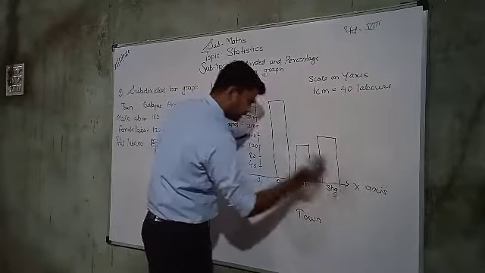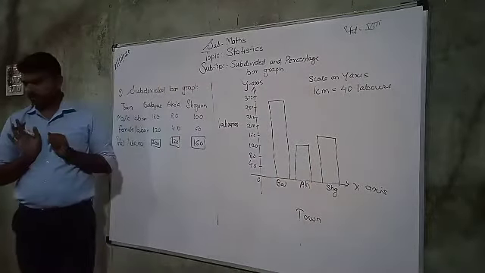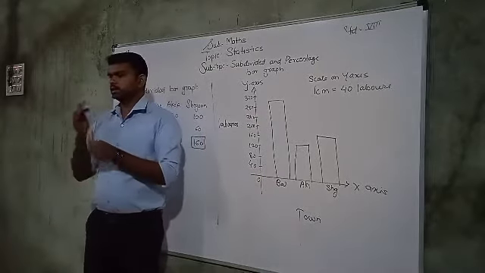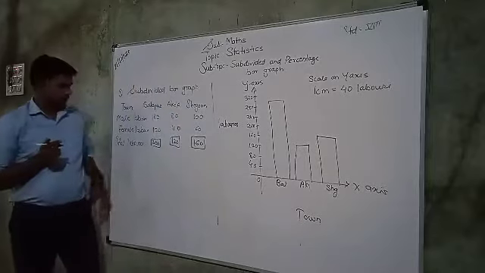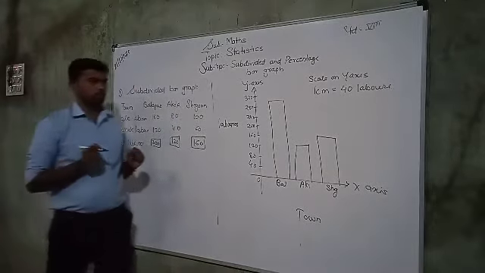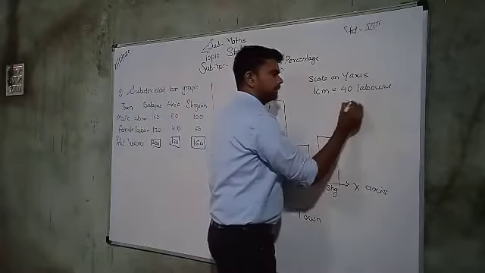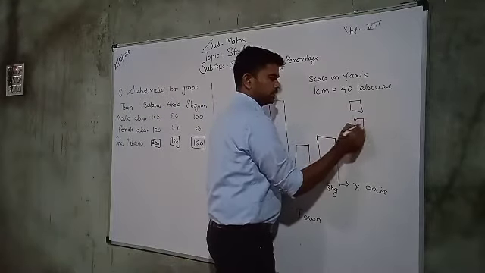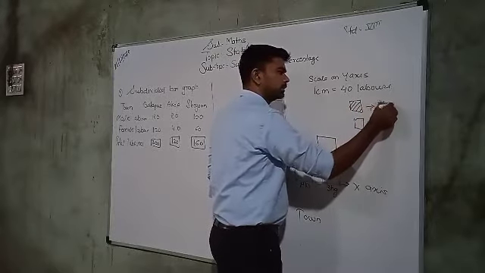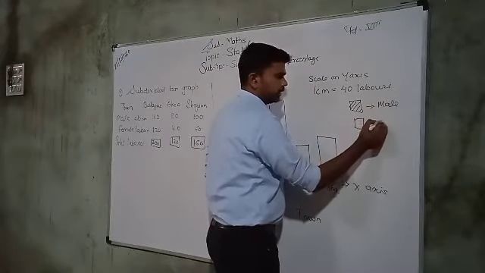Okay. Subdivided bar graph means what? This is the total graph. Now we have to divide the graph in two parts: first is male and second is female. Male we will show by lines, and the plain part is for female.